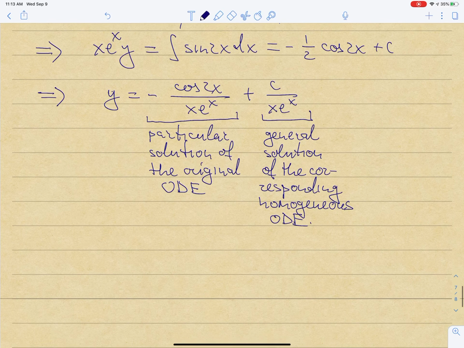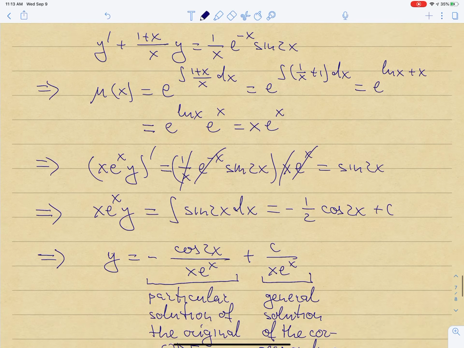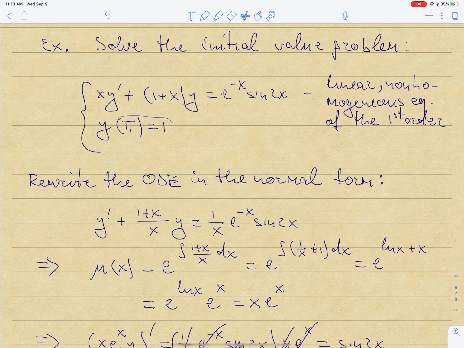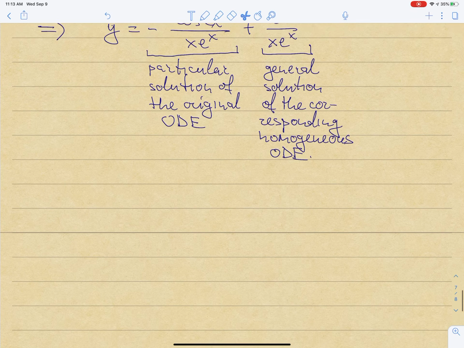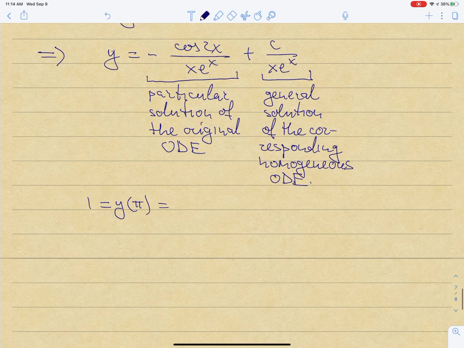Okay, and so now I'm going to use this to find the particular solution to my initial value problem. So the initial value problem required y of pi to be equal to 1. So let's insert pi into y. I know that y of pi on one hand is equal to 1, but on the other hand it's going to be minus cosine of 2 pi divided by pi e to the pi plus c over pi e to the pi.